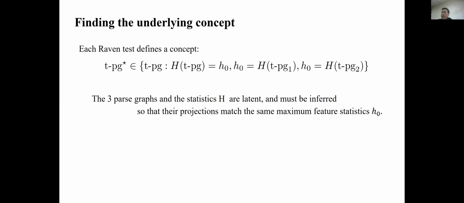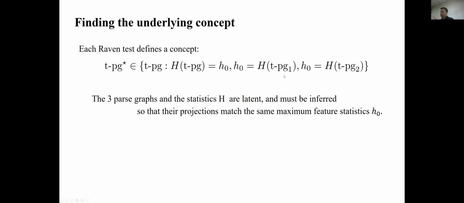So each Raven's test basically defines a concept. Usually we call a concept a set. The set is a set of TPGs, temporal parse graphs, each of which is an event. Each row is an event, so you have 3 little events: the TPG of the first row, the second row, and the third row. So you have 3 events, which are abstractions of what you observed, the hidden underlying temporal parse graph.